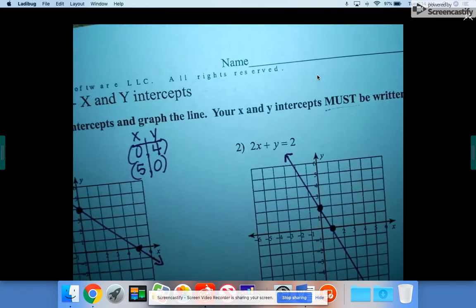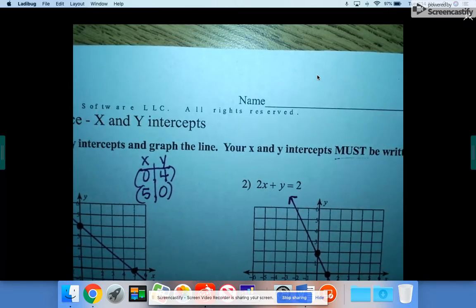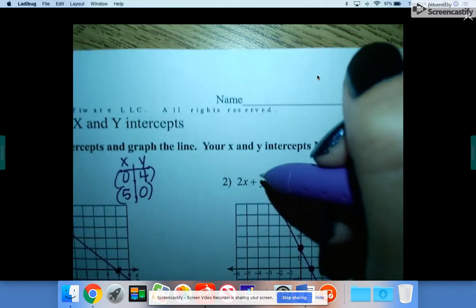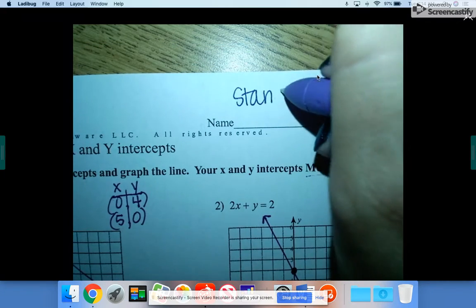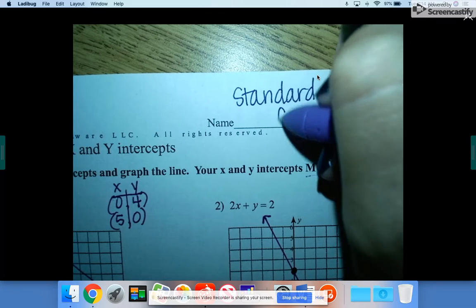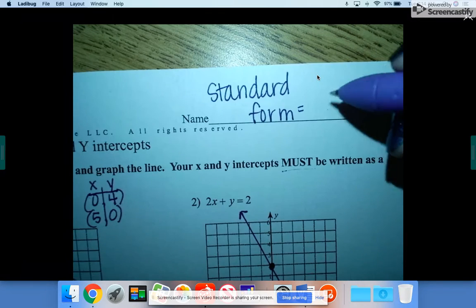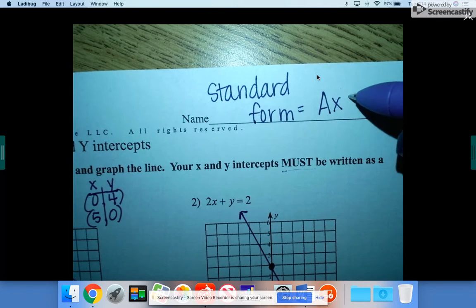Oh, one thing you guys probably should know is that in order to solve it like this, it needs to be in standard form. Your x and y have to be on the same side. So standard form, in case you forgot or if we hadn't talked about it, is when there's a number with x, a number with y, and it equals a number.